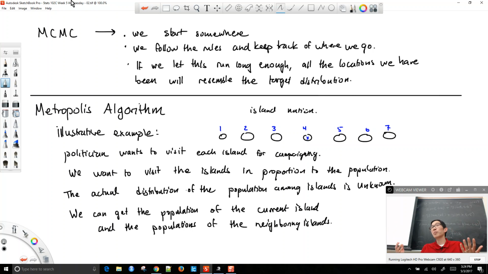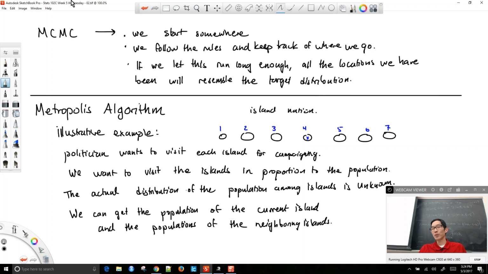And then as the politician travels, the politician has options. Either the politician will stay put at the current island and do another campaign or rally, or the politician goes to the island to the right, or east, or the island to the west.